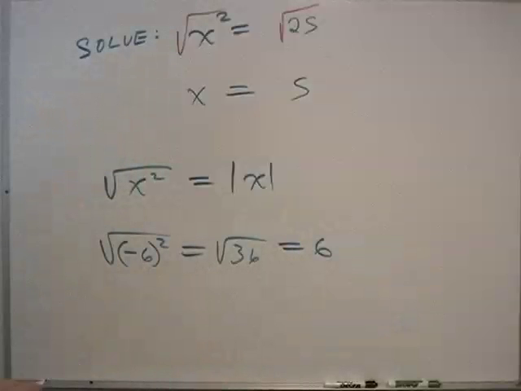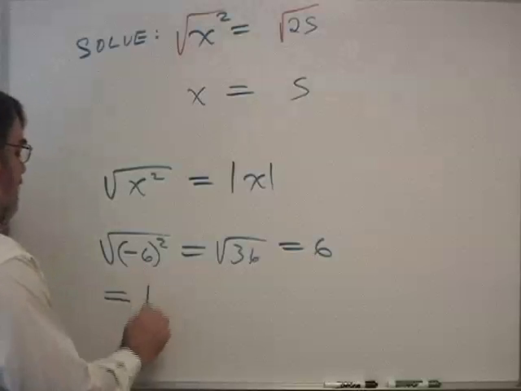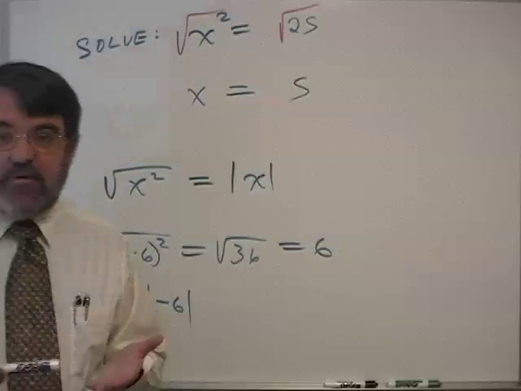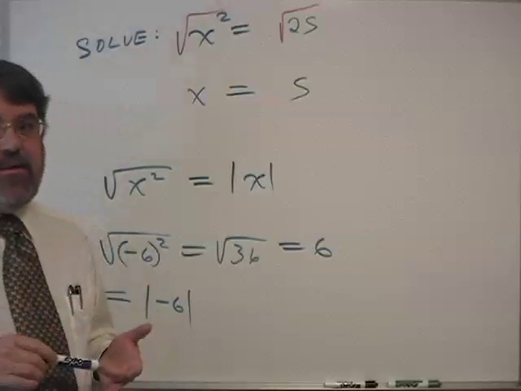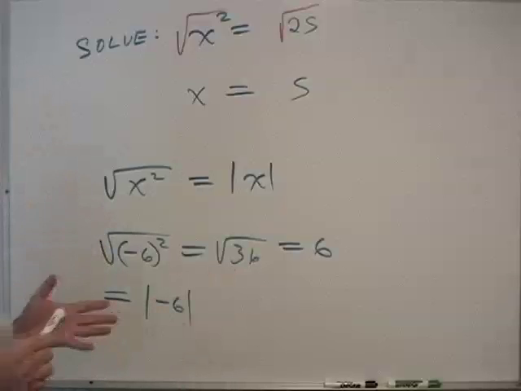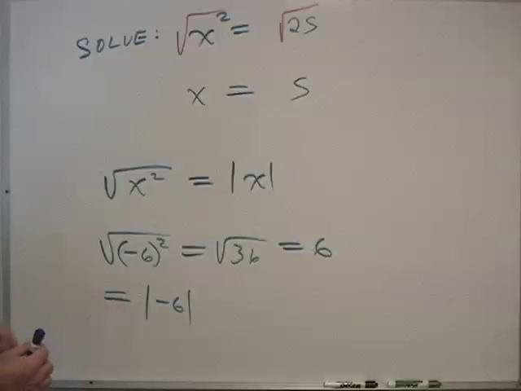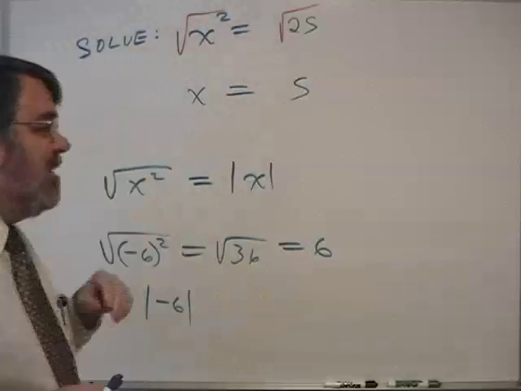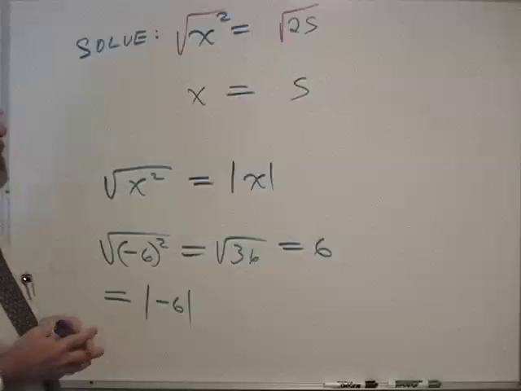And so, in other words, this is equal to the absolute value of negative 6, which is positive 6. Because recall that a square root is a function, and by definition its output is always a positive number, or it could be 0, but never a negative number. Alright, so technically speaking, the square root of x squared is actually an absolute value. And that takes care of getting a positive answer.